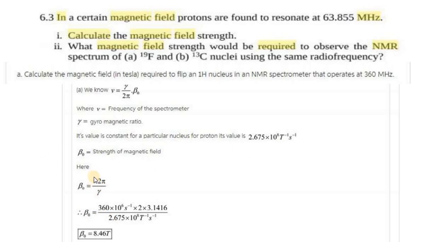Putting in the values, the frequency is 360 into 10 to the power 6, because the question asks for the magnetic field in Tesla required to flip a proton nucleus in an NMR spectrometer that operates at 360 megahertz. So 360 into 10 to the power 6, then 2, the value of pi taken as 3.14, and the value of gamma taken as 2.675, so B naught comes out to be 8.46.